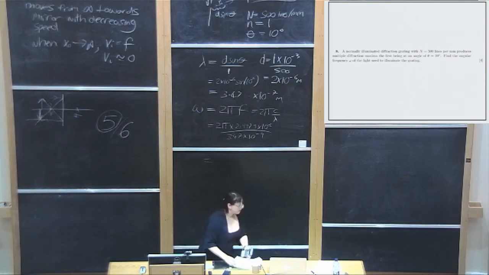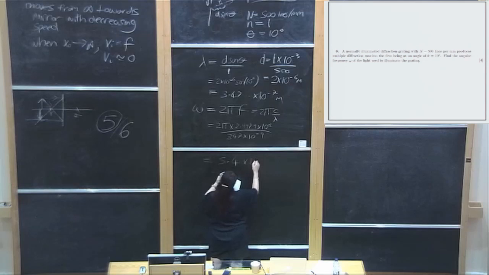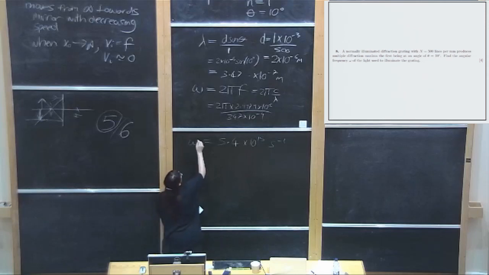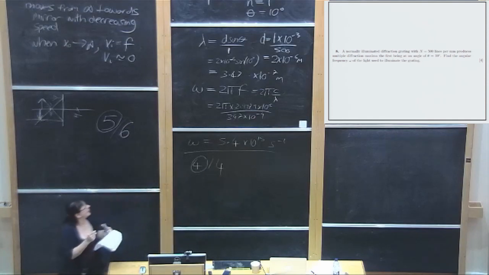So that is roughly equal to 5.4 times 10 to the 15 per second, radians per second. Even I'm confident that we've got 4 out of 4 there. Where do the marks actually come from?